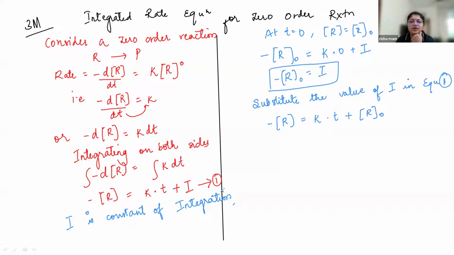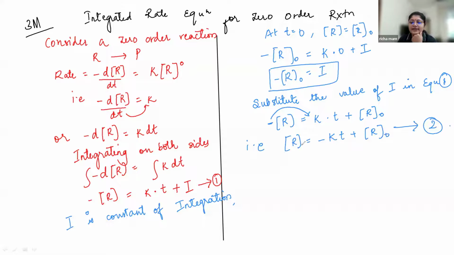We have got the value of I and put it here. If I shift the minus sign to the right-hand side, R is equal to minus Kt plus R naught. This will be my equation number 2.